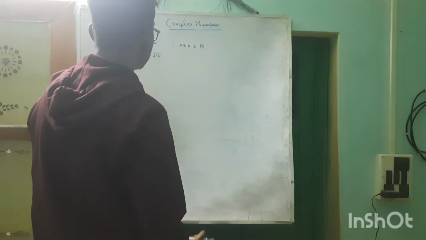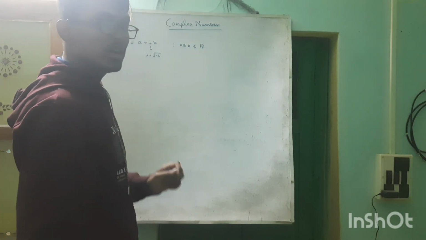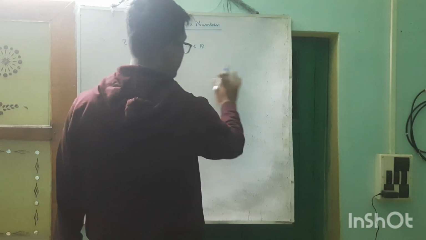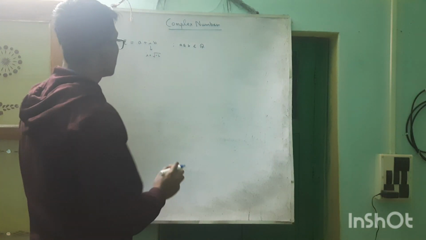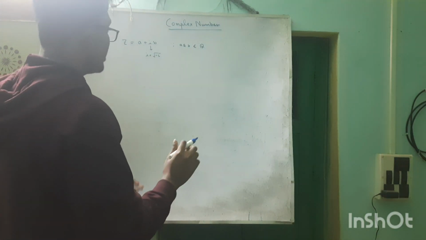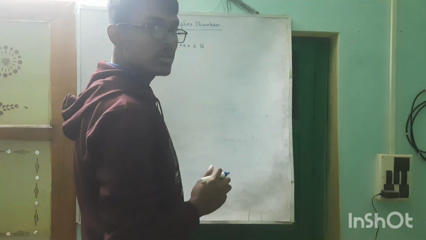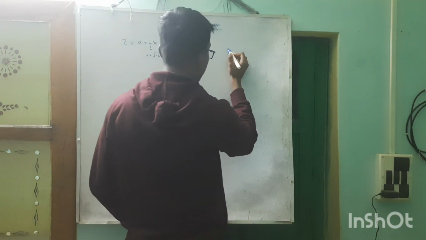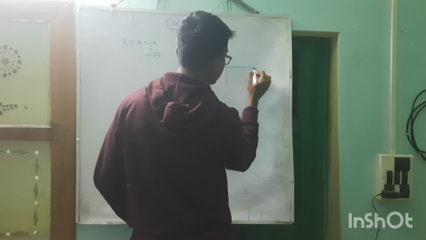Okay. So real numbers we represent on a real line. Now any complex number we represent in a complex plane. Okay, we call it the Argand plane.